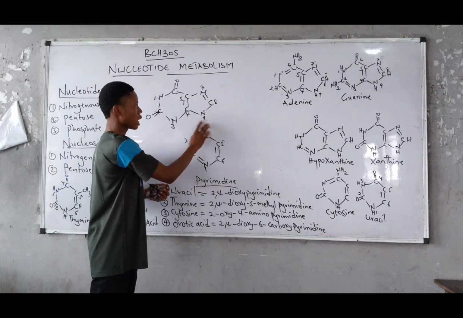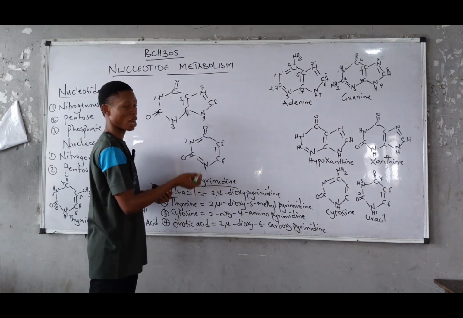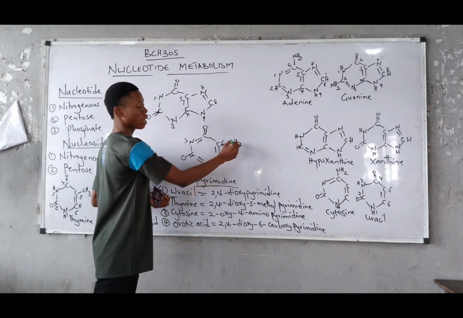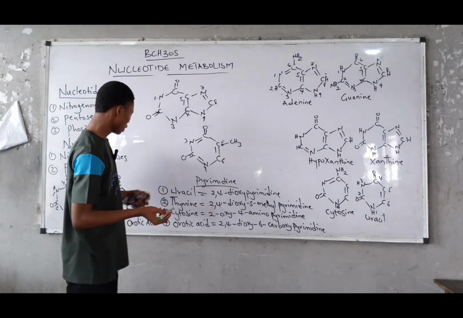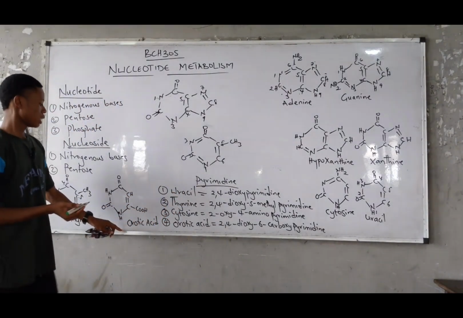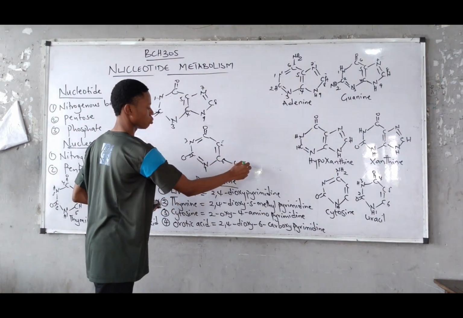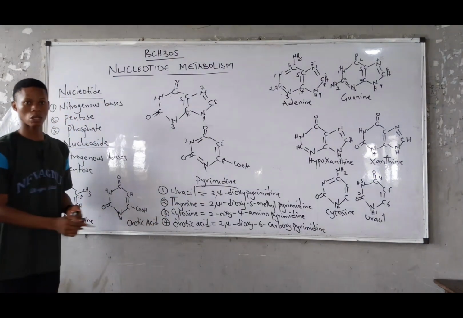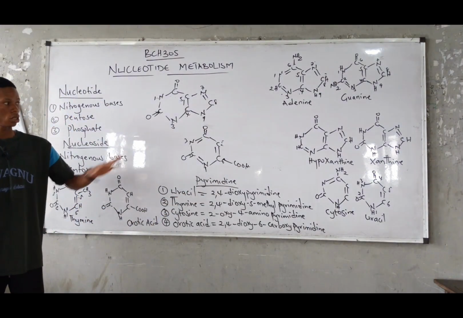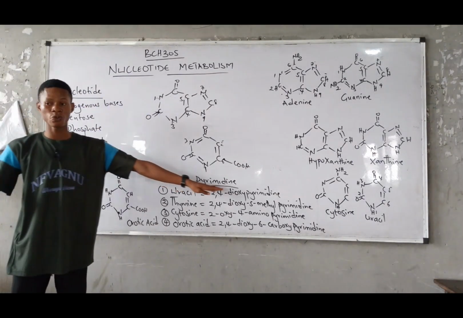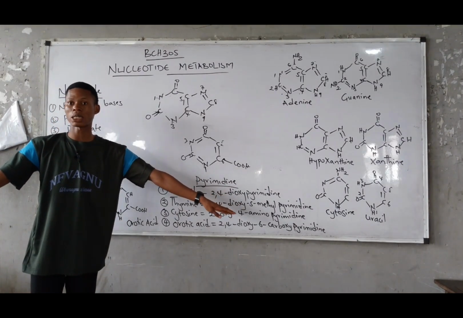If I remove this and I put a double bond oxygen here, what do I have? Uracil, right? If I add a methyl group to this, what do I have? Thymine, right? Then the orotic acid, I will not add a methyl group here, but I will add a carboxylic acid group, because it's an acid, orotic acid. This is how to draw them. If you can draw it, you can give the other systematic names.